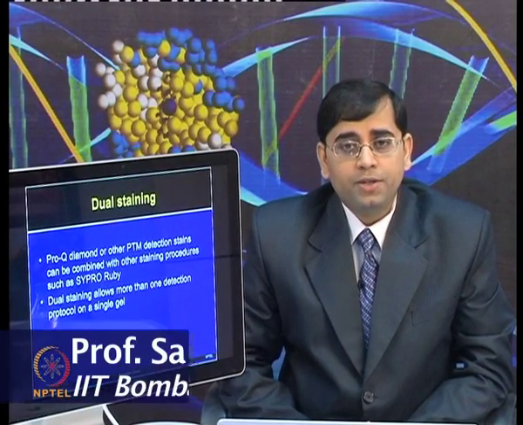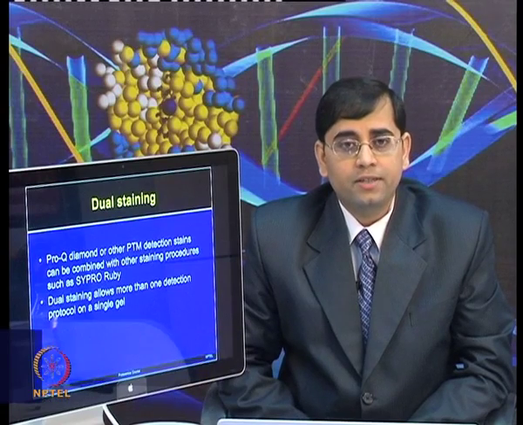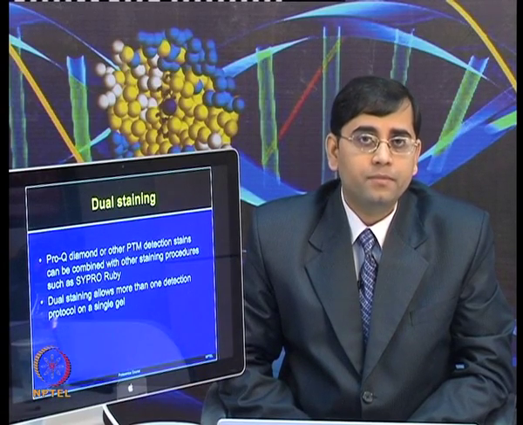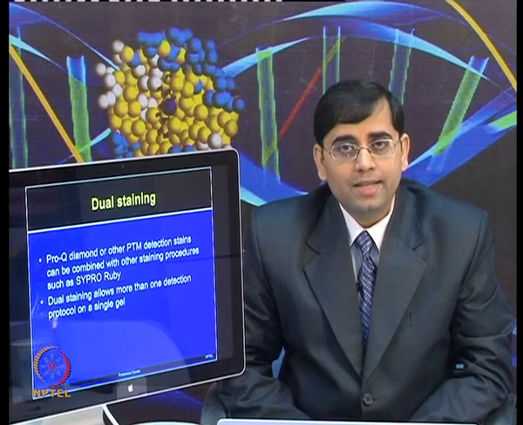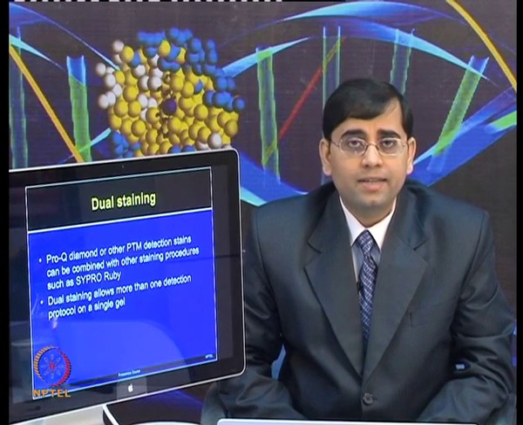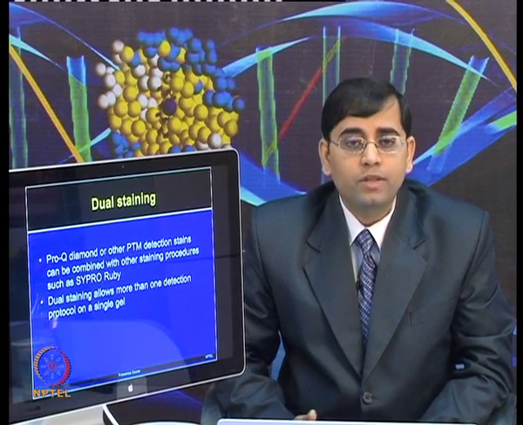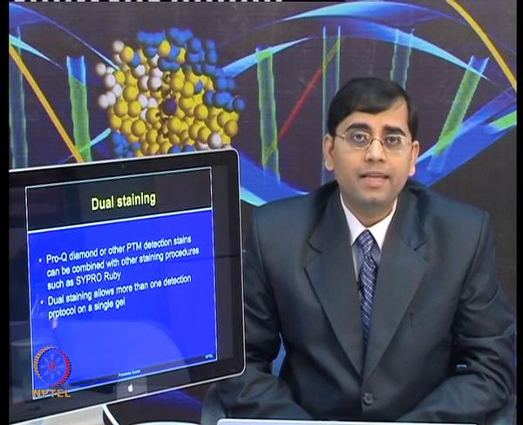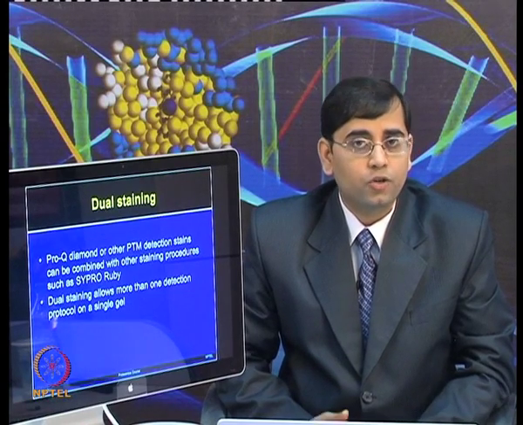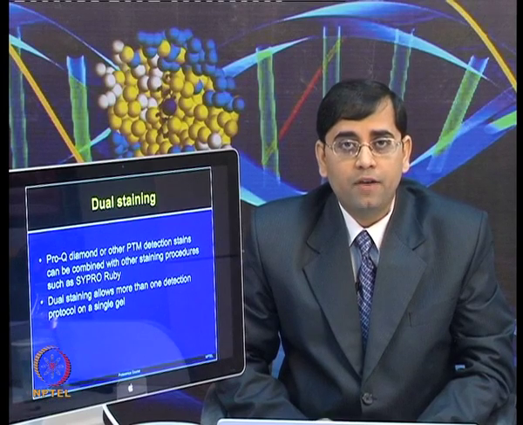So, in the animation you have seen how Pro-Q diamond can be used to detect post translation modified form or the phosphorylated form of the proteins, and then other staining procedure such as SYPRO Ruby can be used for dual staining. Now, dual staining allows more than one detection protocol on the same gel. So, it has a lot of merit, and I hope after watching this animation you must be able to appreciate that.